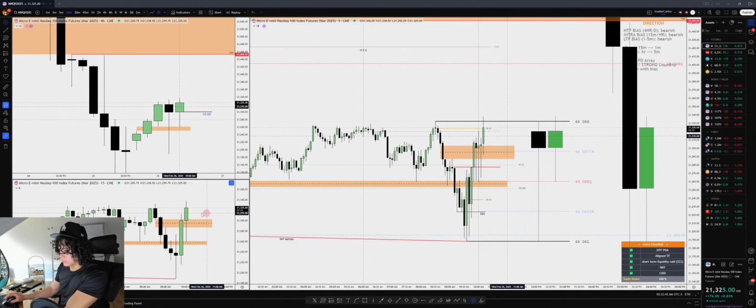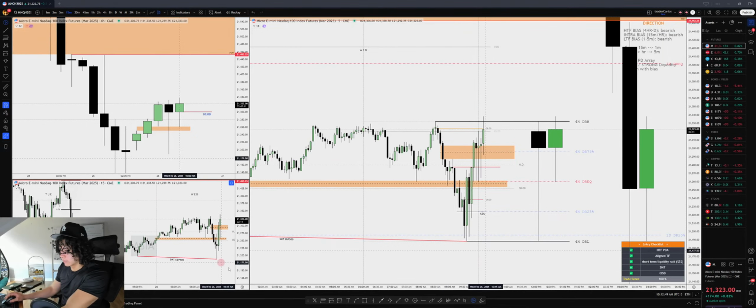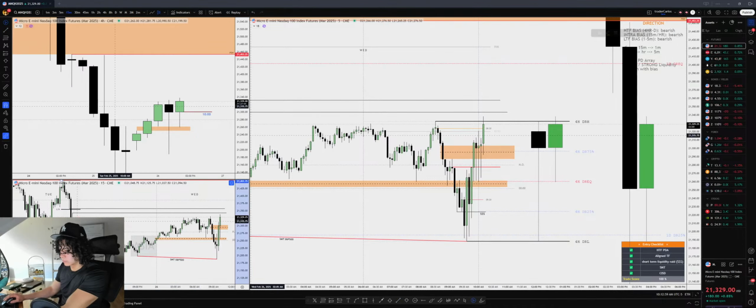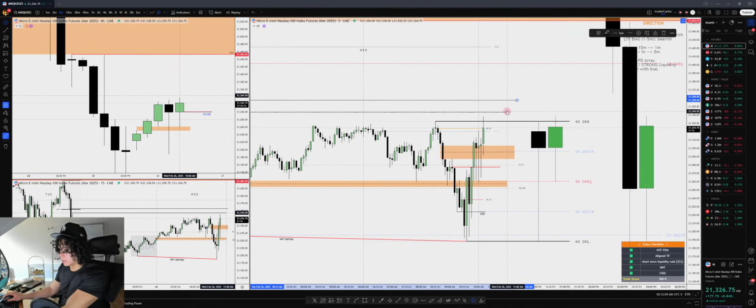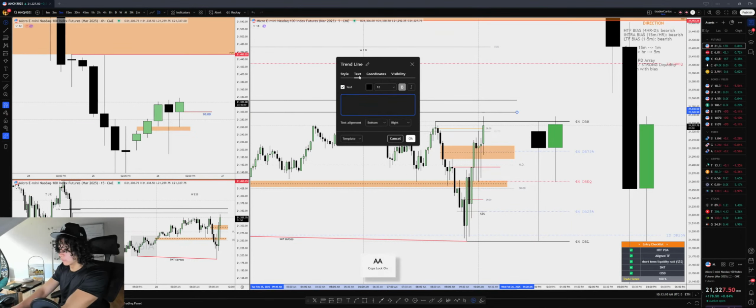I'm gonna go to the 15-minute time frame here because we do have this 15-minute gap above us as well. So I'm gonna mark that out. So this one. We have this 15-minute gap here. If we do want to continue pushing higher, we need a 1 minute closure above.